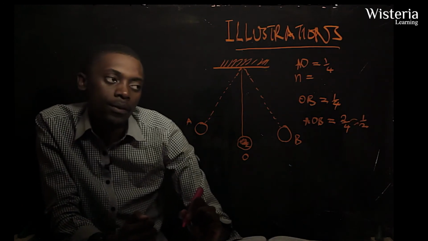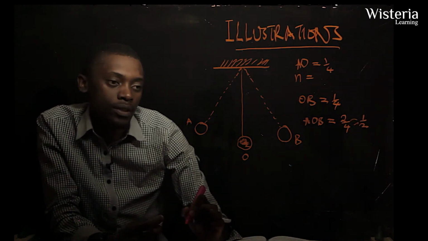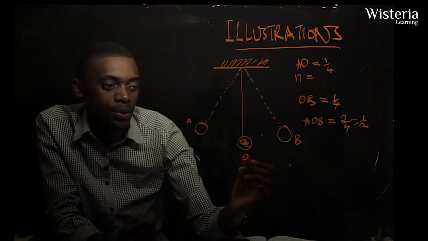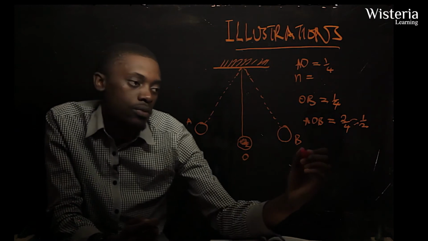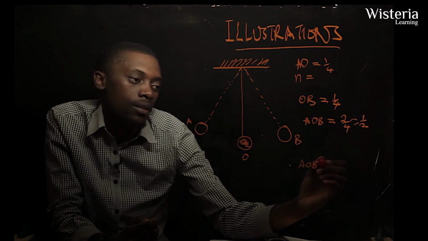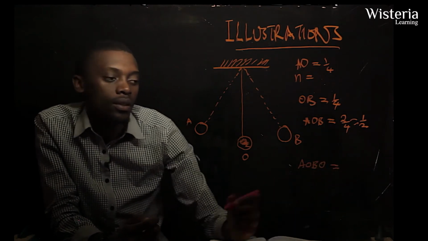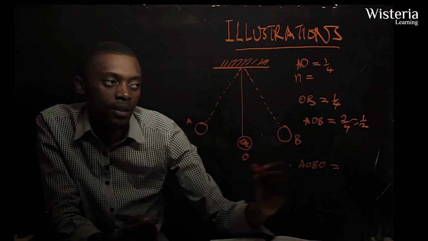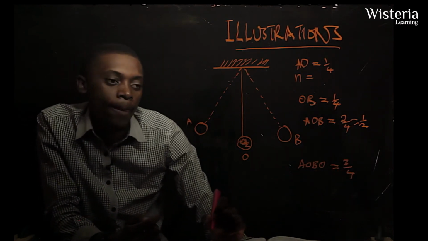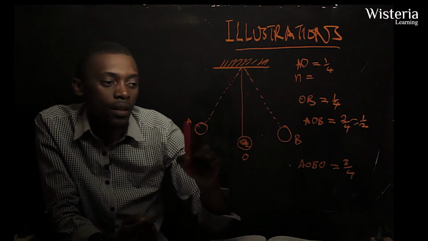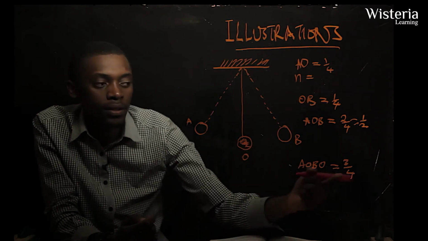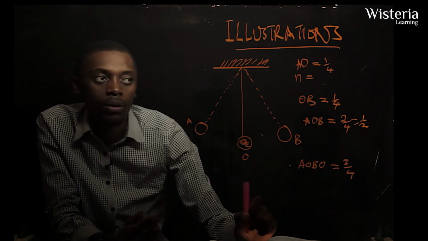And then if the bob swings from A to O to B and back to position O, the number of oscillations it has made is equivalent to 3/4. So if it swings only from A through O to B and back to the mid position O, we say the number of oscillations made is 3/4.